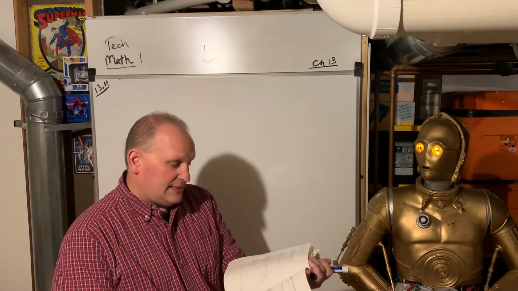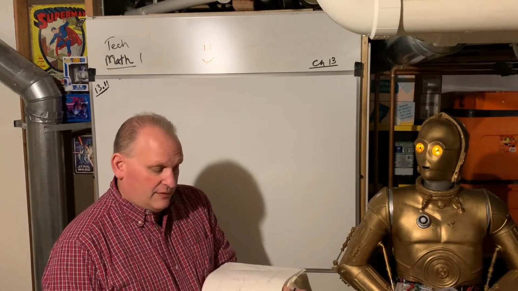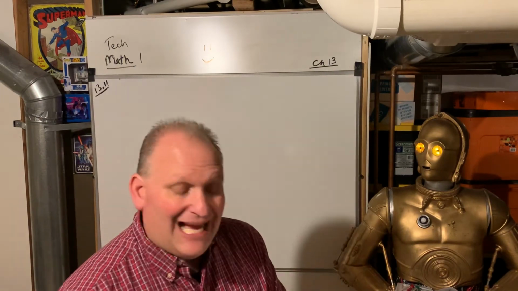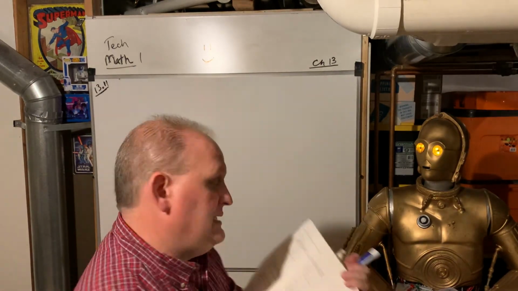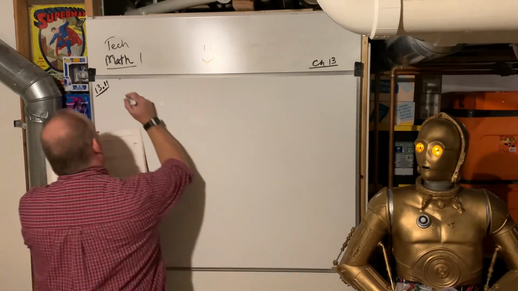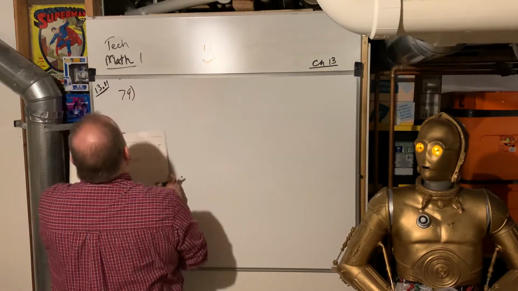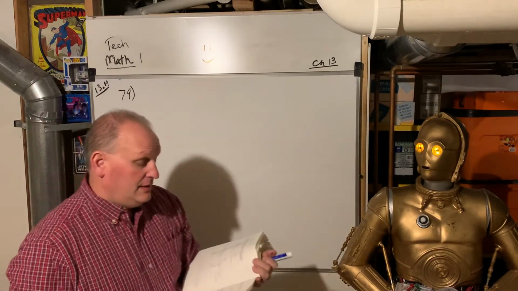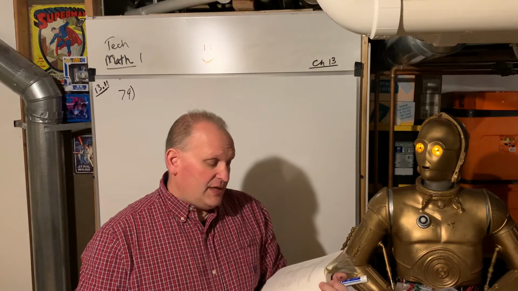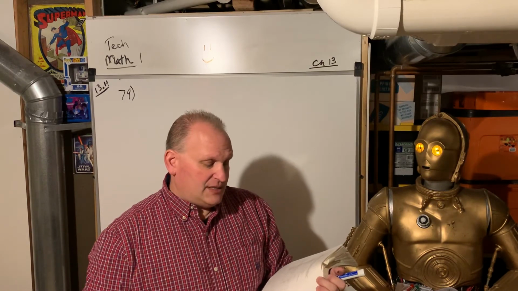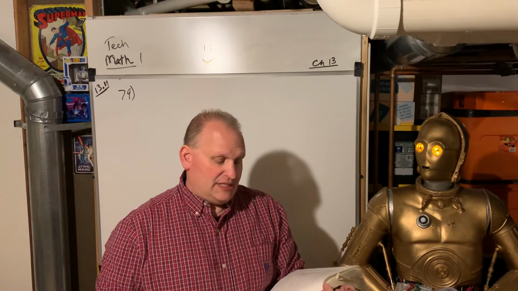So which one did I want to do there? 79 on page 587 in the blue book, 79. So here goes. Let's use the equivalency method to eliminate B from the system and then solve for C.